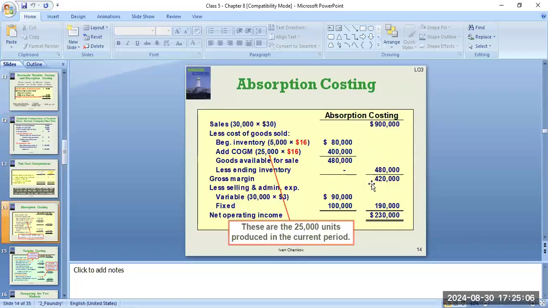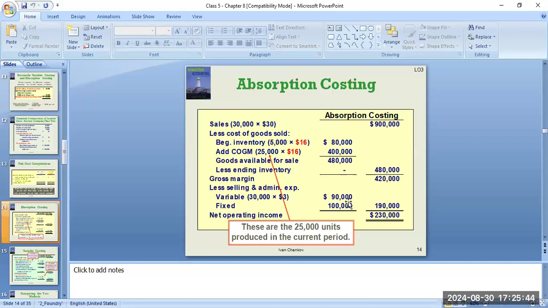And now let's see what's going to happen with the operating income under both systems. First system, absorption: sales are sales. In the beginning inventory, we're holding $30,000 more compared to the variable costing. But in this case, we're selling everything. That means the $30,000 difference is now released into our cost of goods sold and goes directly to expenses.